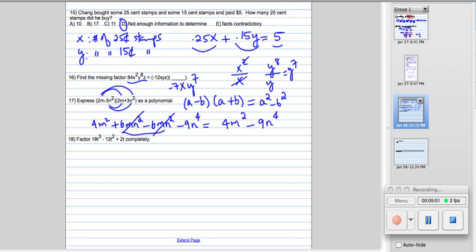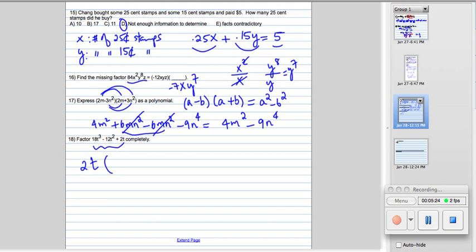Okay, moving on to number 18. Factor completely. Whenever we are factoring, we always look for a GCF. We look to see if all these terms have anything in common. They all have a factor of 2 in common, and they all have a t in common. Now we divide.